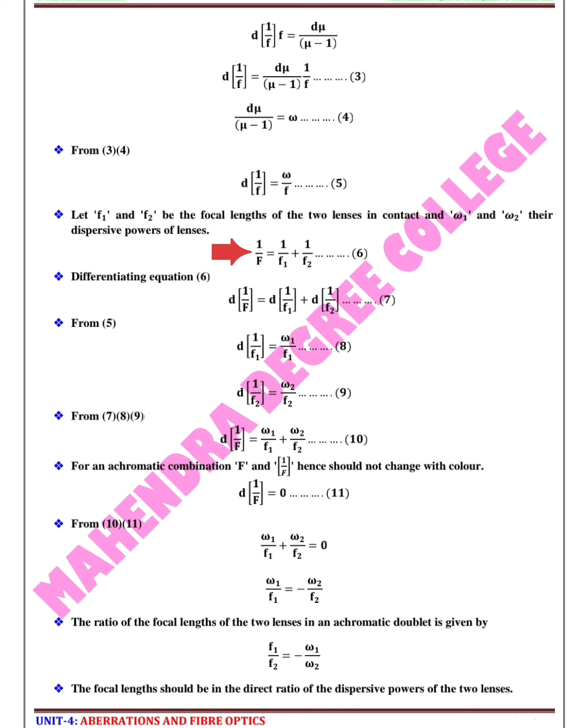The reciprocal of the combined focal length 1 by f is equal to the sum of the reciprocals of the individual focal lengths, 1 by f1 plus 1 by f2.